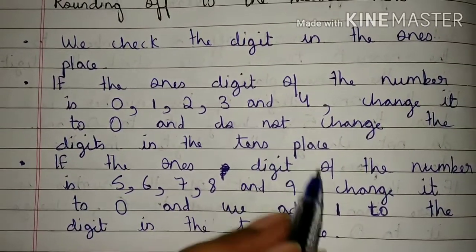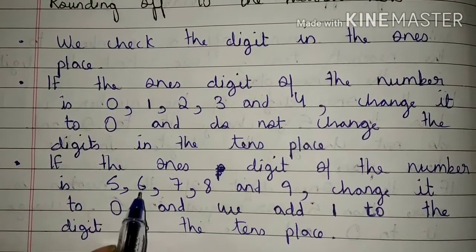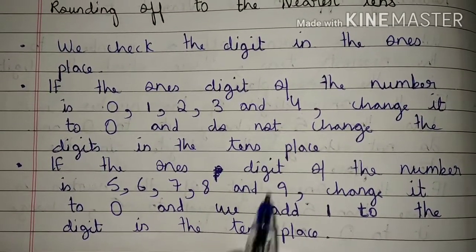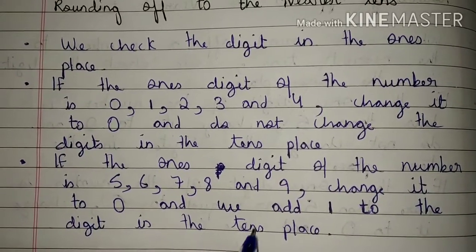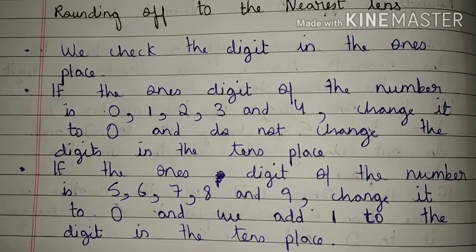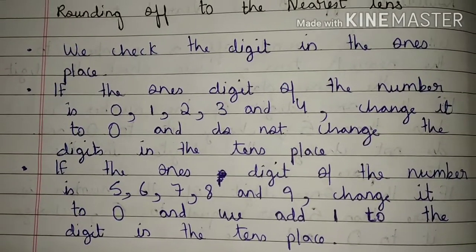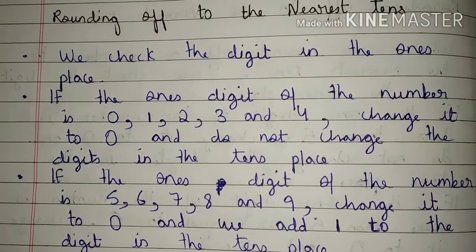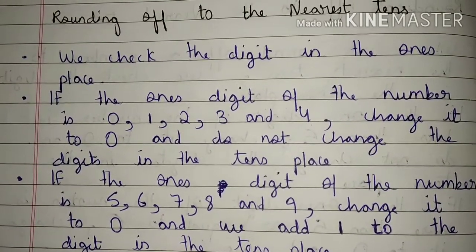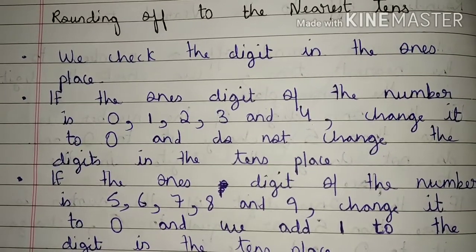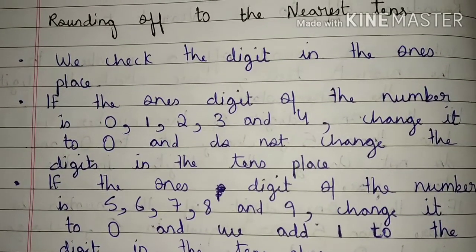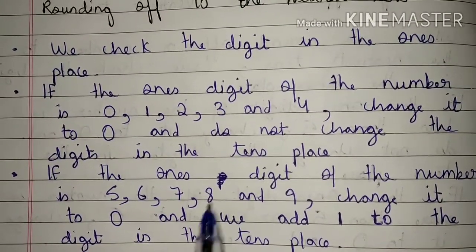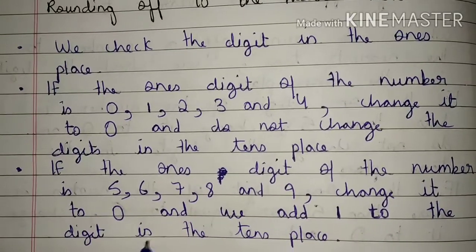If the ones digit of the number is 5, 6, 7, 8 and 9, change it to 0 and we add 1 to the digit in the tens place. Students, if the ones place digit is 5 or more than 5, means if it is 5, 6, 7, 8 and 9, then you will write 0 in the ones place and you will add 1 to the digit in the tens place.